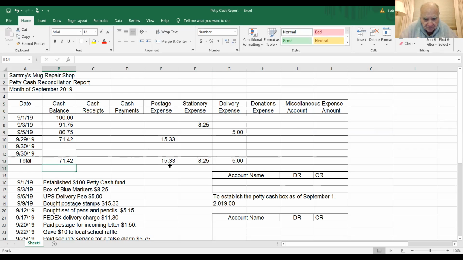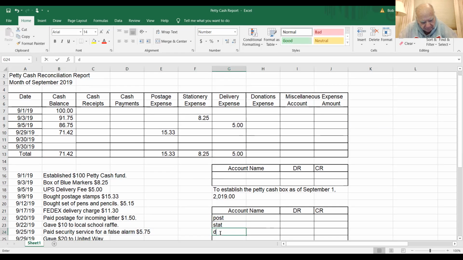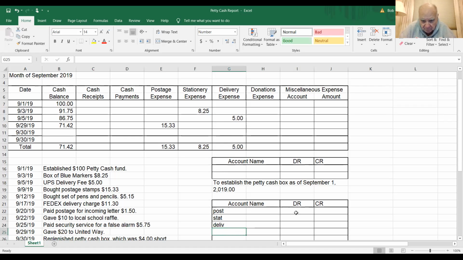Here, $15.33 in postage. You would debit postage. You would debit stationery. You would debit delivery for those amounts. So that would be 15.33, 8.25, and 5.